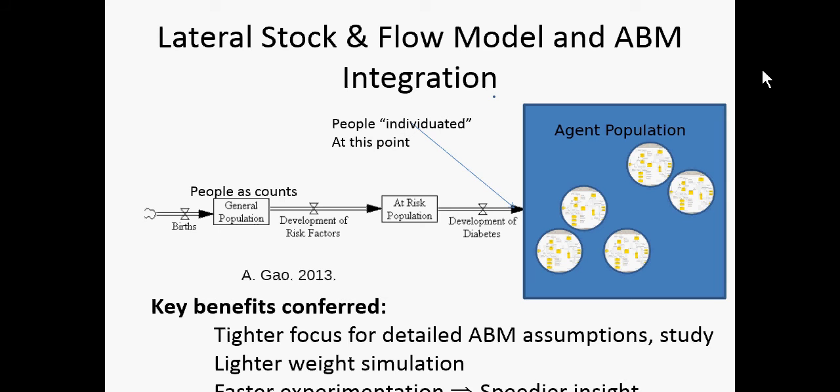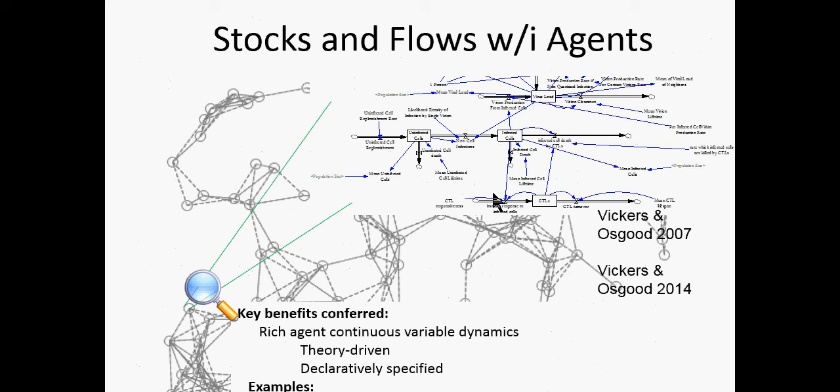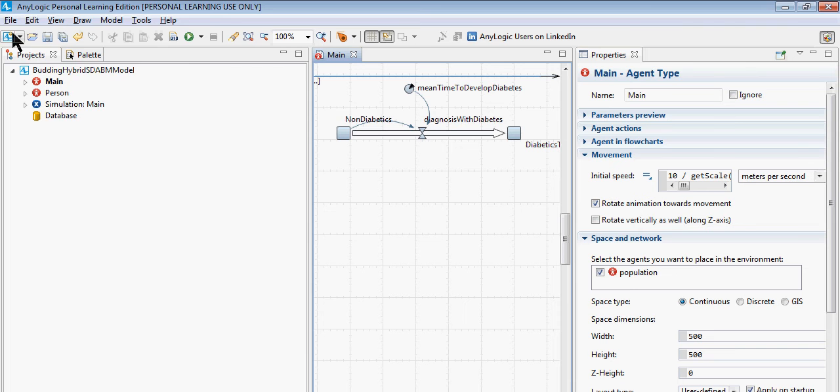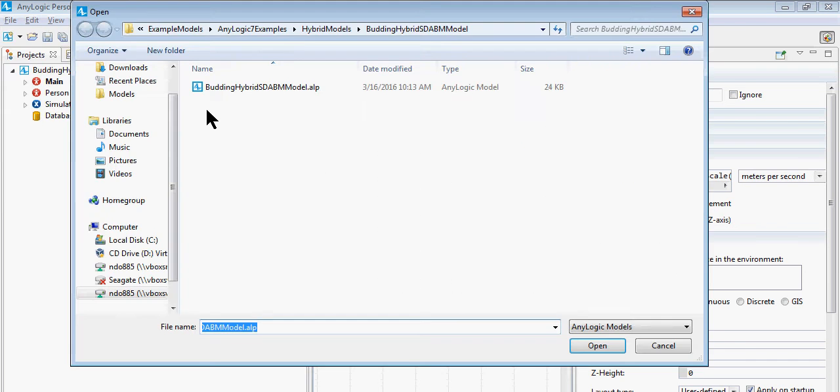We debit the number from the one that we created, and we set this to trigger again when this goes above 1. So if there's anyone waiting to become an agent because they've transitioned down a key flow, they become an agent very quickly, almost immediately. As soon as there's a person waiting to become an agent, they become one. If there's no one waiting, the system dynamics population just continues on. It'll keep accumulating here until this goes above 1, and they become an agent.